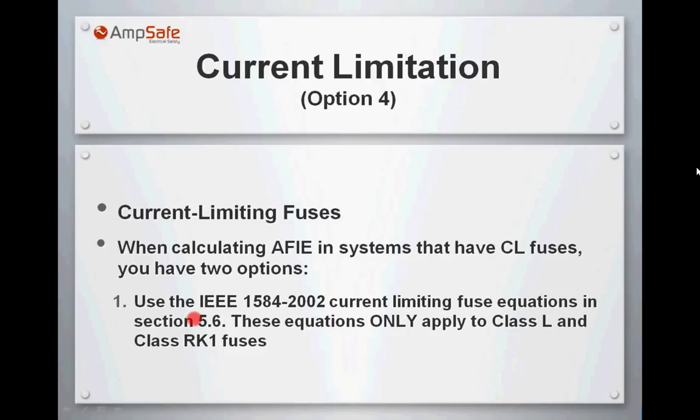If you have class J fuses, if you have class RK5 fuses, like fuse transfer busband, FRSRs and FRNRs, you cannot use these equations because these equations are specific to only class L and class RK1 fuses, okay?